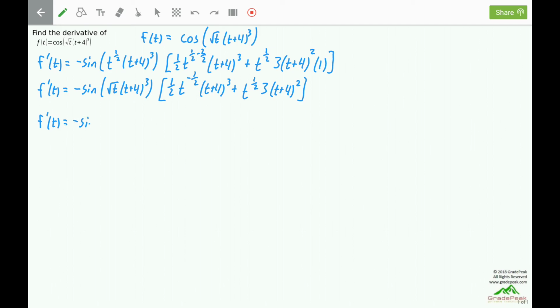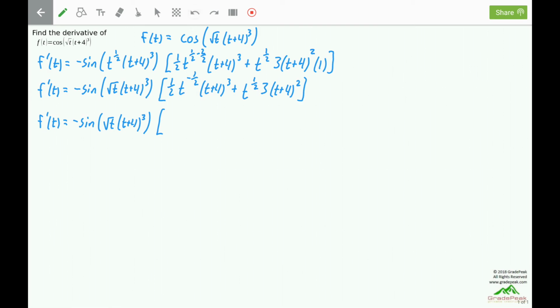So I'm going to have the negative sine of the square root of t times (t plus 4) cubed. In this first term here, I have a negative exponent, so I'm going to move that to the denominator. This is going to move to the denominator, which means it'll move down there with the 2 that's already in the denominator. And the numerator will be what's left over, which is a 1 and a (t plus 4) cubed.